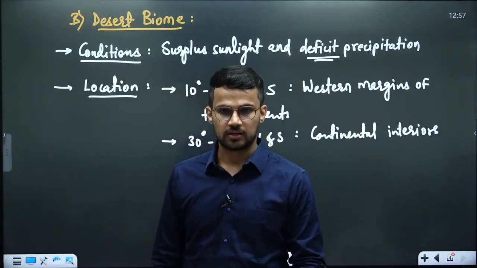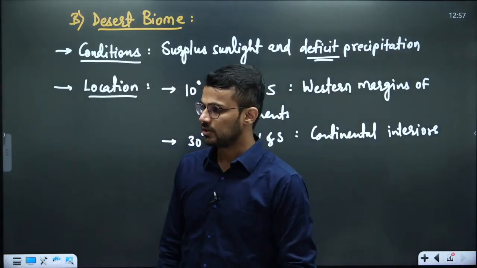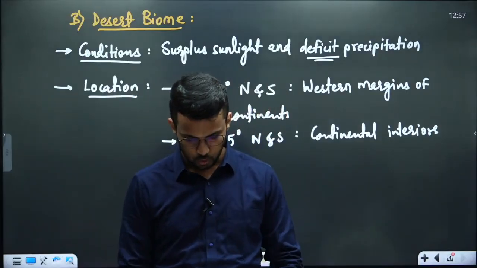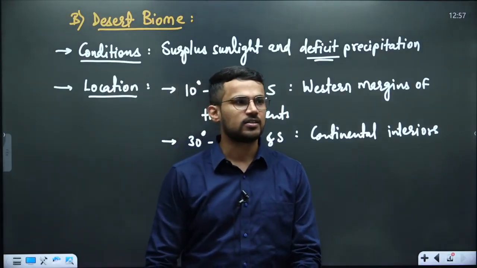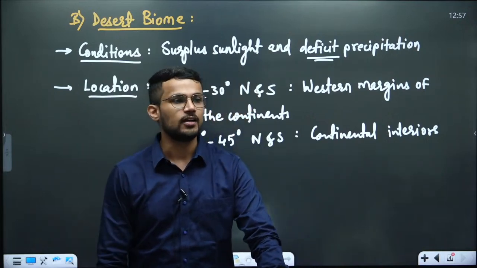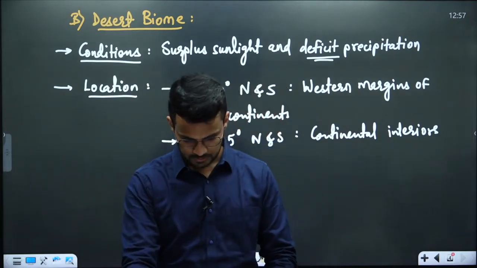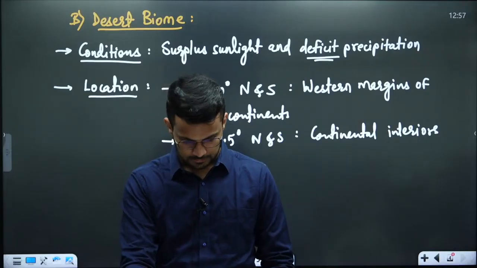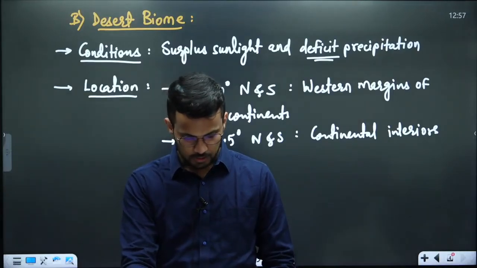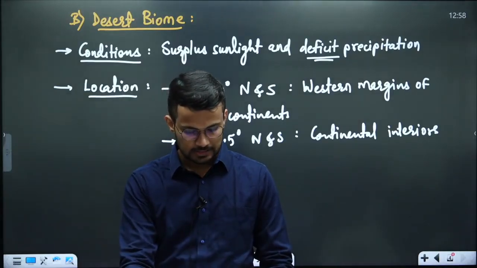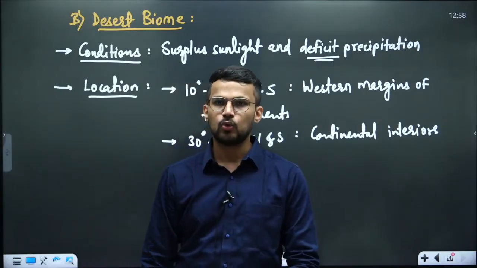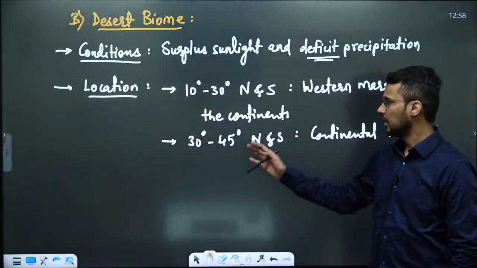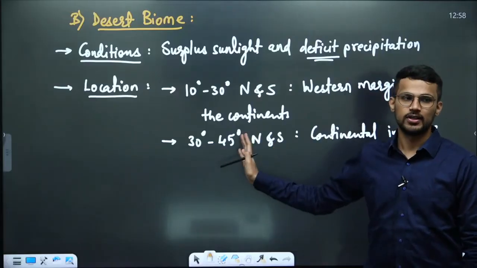Where? Argentina. Gobi Desert. Right? It is shared by Mongolia and China. Next. Ladakh, Lahul and Spiti Valley in India. Ladakh, Lahul and Spiti Valley are also in this particular range zone.